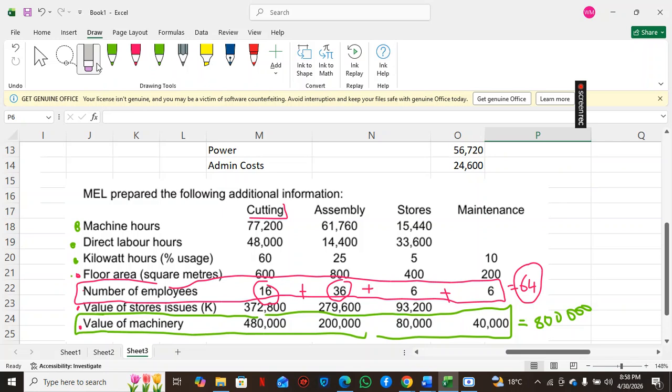You choose one. You never have to use two. Always one. There are situations where you can use different ways you can apportion.